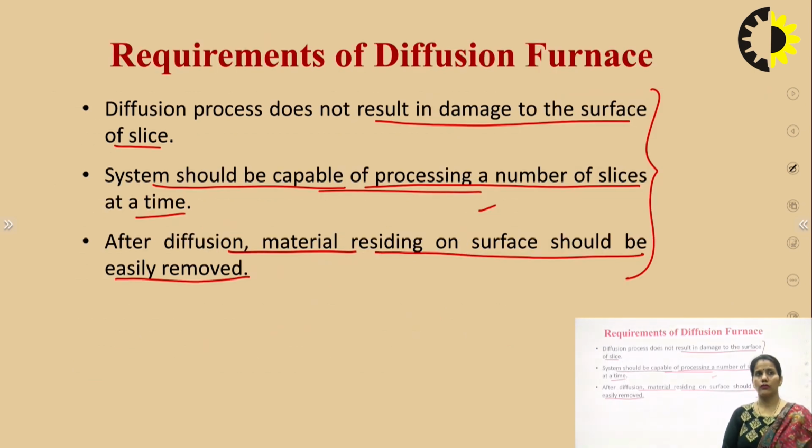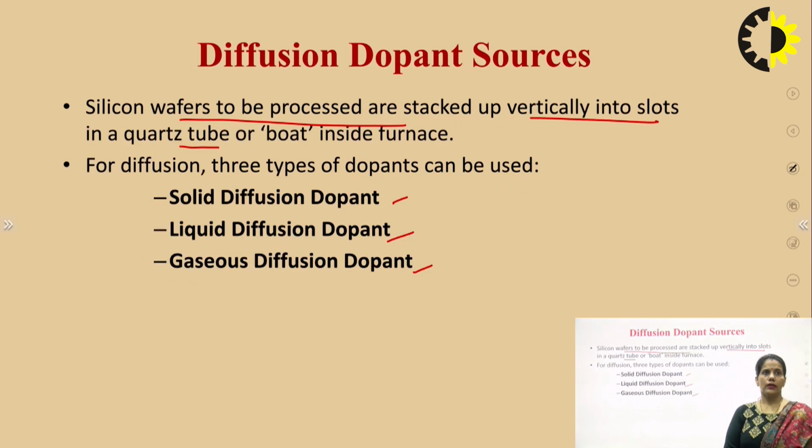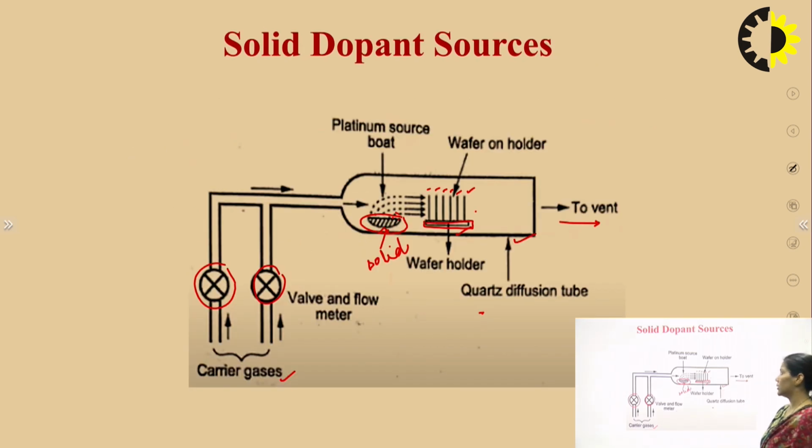We studied the requirements of a diffusion furnace, and lastly we went through the types of diffusion sources, solid, liquid and gases, and how they are diffused inside the substrate.